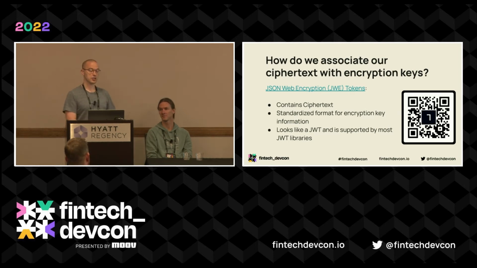It's a defined thing that basically contains a ciphertext. It's a standardized format for key information, and it looks just like a JWT. Most of your common JWT libraries will support this out of the box, meaning you don't have to hand-roll some sort of custom key or token creation and read and write from that token.